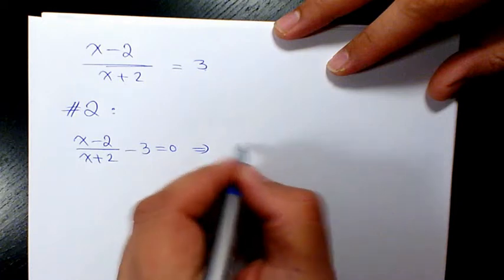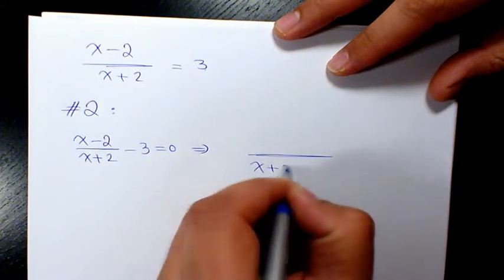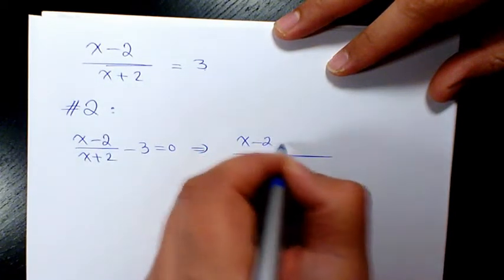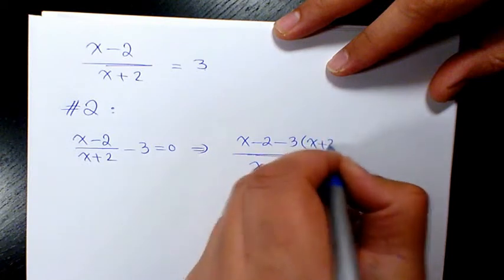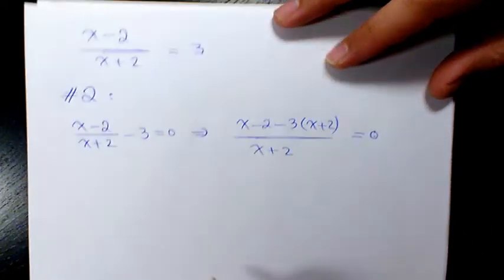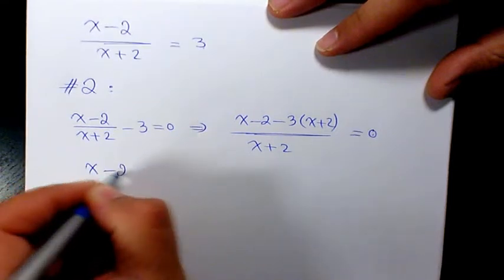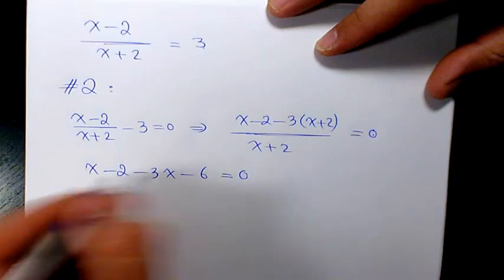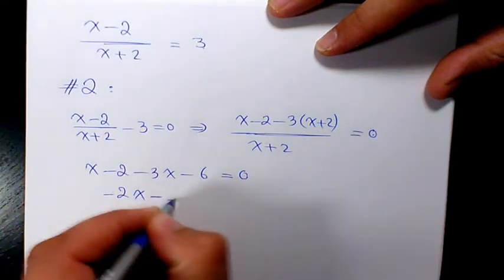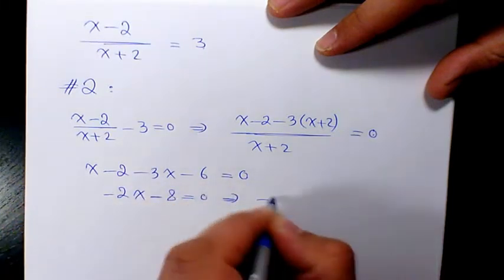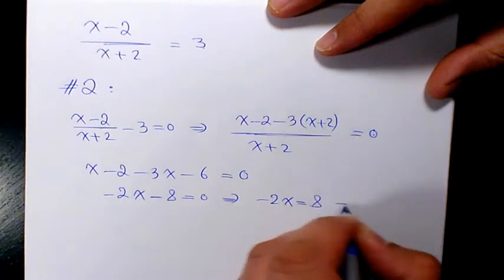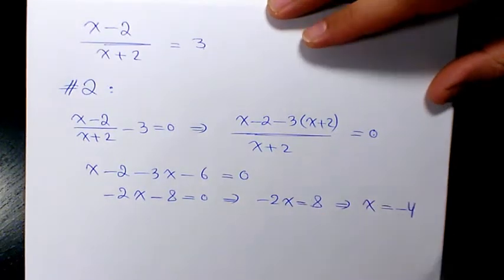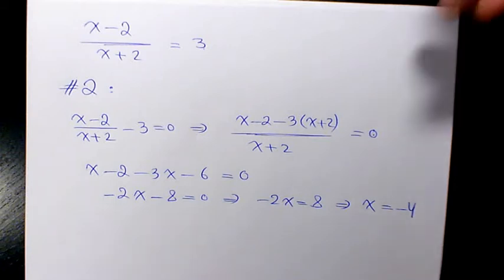So we have x minus 2 minus 3 times x plus 2 equals 0. So we have x minus 2 minus 3x minus 6 equals 0. So we have negative 2x minus 8 equals 0. So negative 2x equals 8. So x equals negative 4. So you get the same answer.